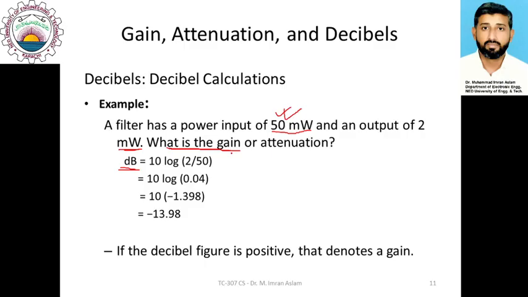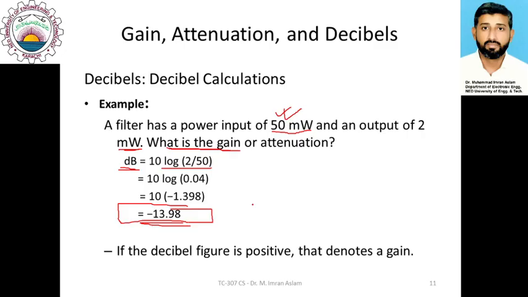So you can include it or not, it doesn't matter here. If you simplify this, you would get a value of minus 13.98. This minus 13.98 of gain is actually referred to as attenuation.